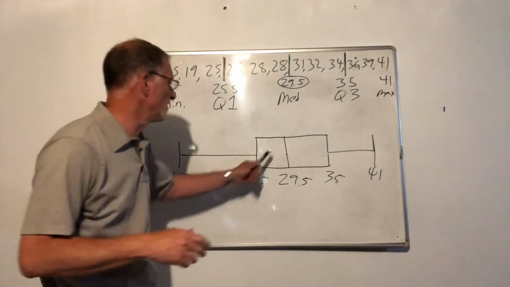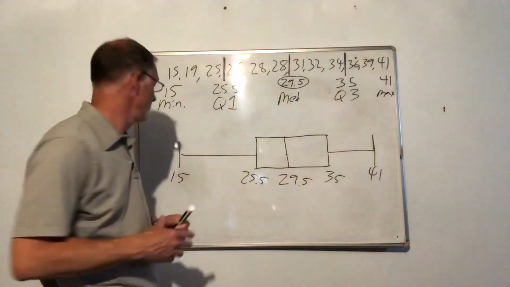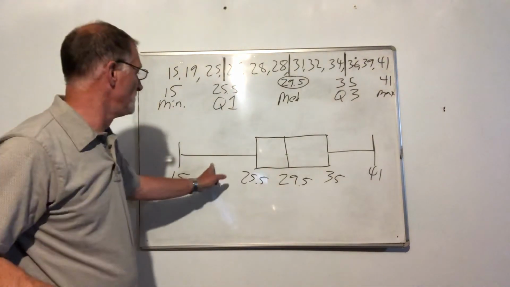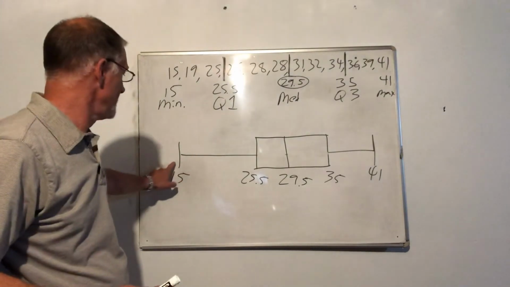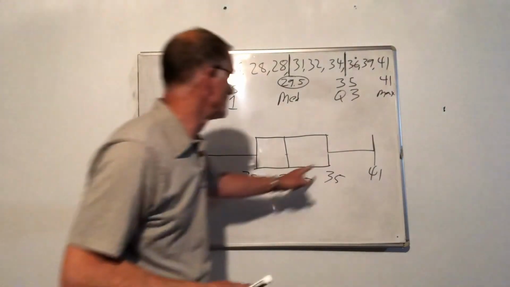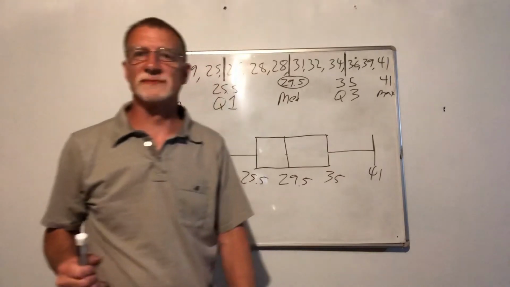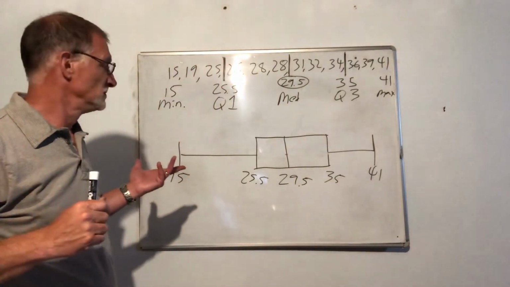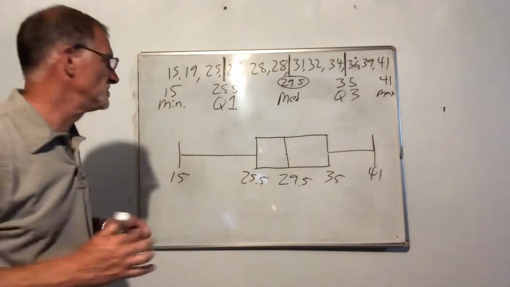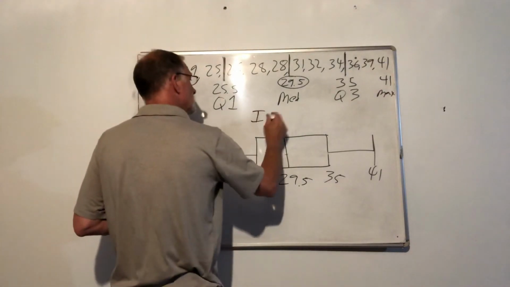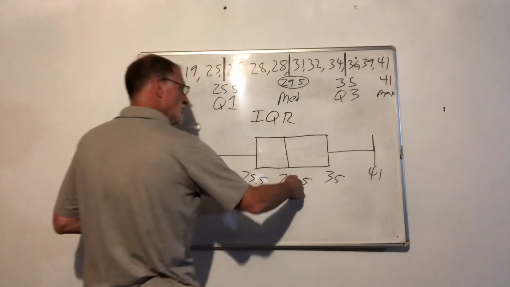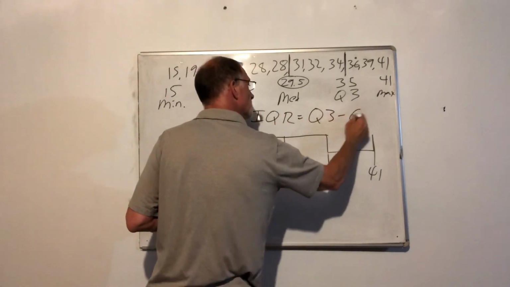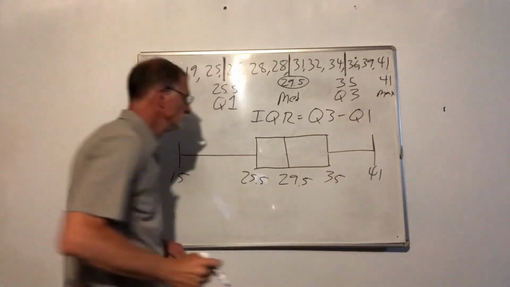The box being the area from quartile 1 to quartile 3, including the median. The whiskers being the bit between quartile 1 and the minimum, and the bit between quartile 3 and the maximum. You would use this to find outliers. You would look for your interquartile range, IQR, which is quartile 3 minus quartile 1.